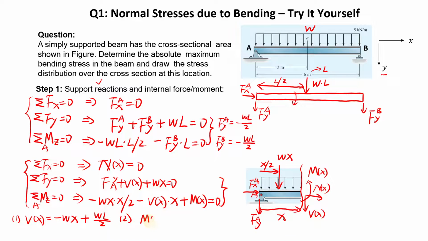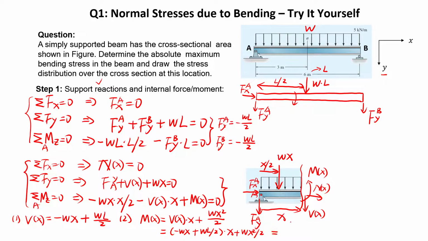Essentially Mx will be equal to Vx times x plus half wx squared. We just plug in Vx, so minus wx plus half wL, now times x in this one, and plus wx squared over 2.